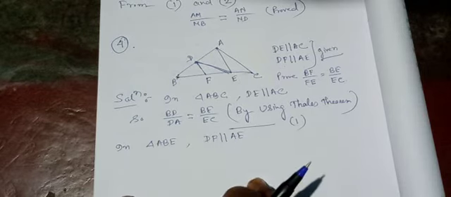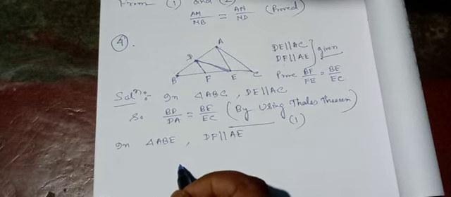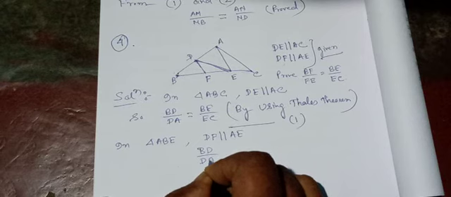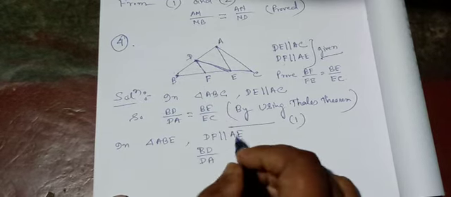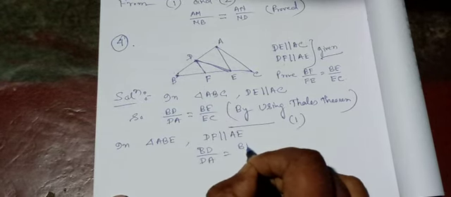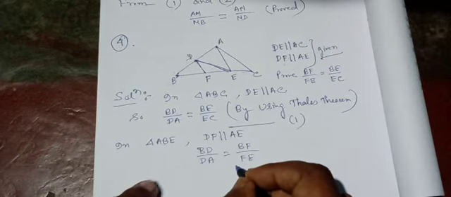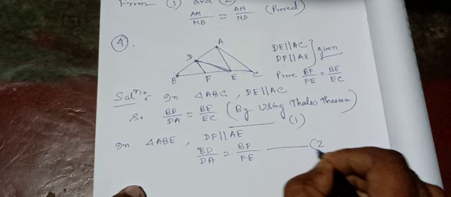So we can write that BD by DA is equal to BF by FE. This is my equation number 2.